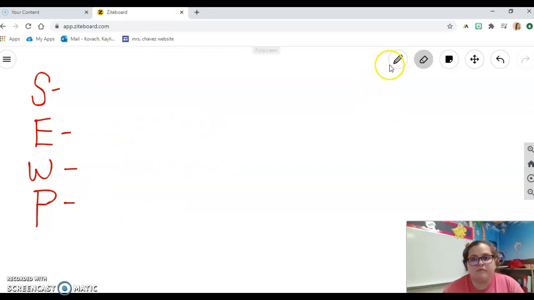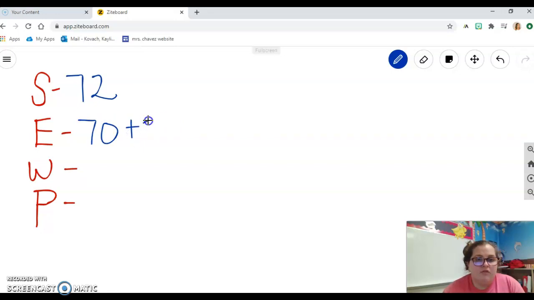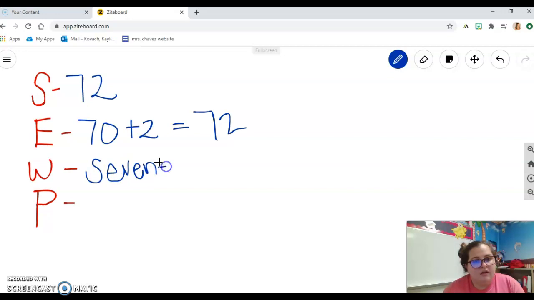Okay. Let's try the number 72. Expanded form is going to be 70 because we have 7 in the tens place, plus 2, a 2 in the ones place, equals 72. Word form, seventy-two.